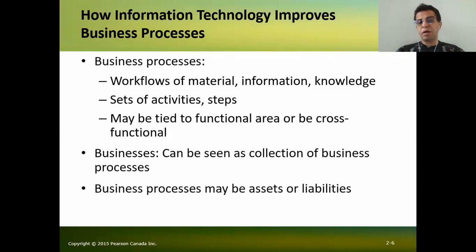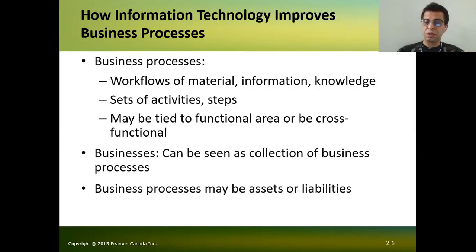Now, a business process is a workflow of material, information, and knowledge, also a set of activities or steps. It may be tied to a functional area or be cross-functional.